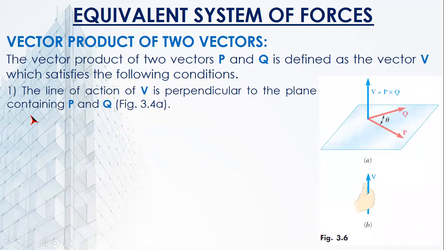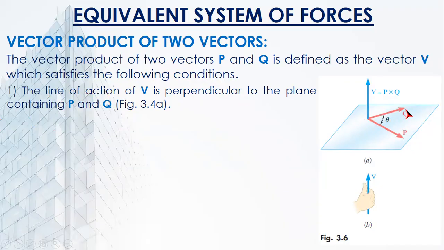Number one, the line of action of V is perpendicular to the plane containing P and Q. So suppose this parallelogram is the plane containing P and Q. The line of action of V is perpendicular to the plane.